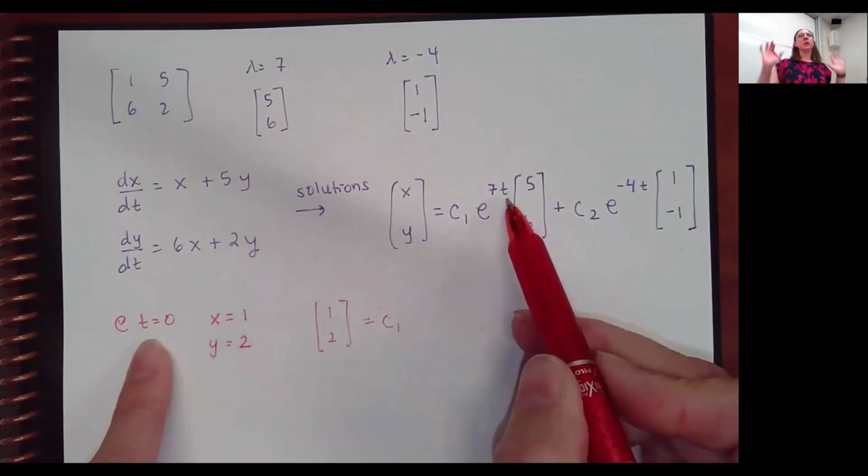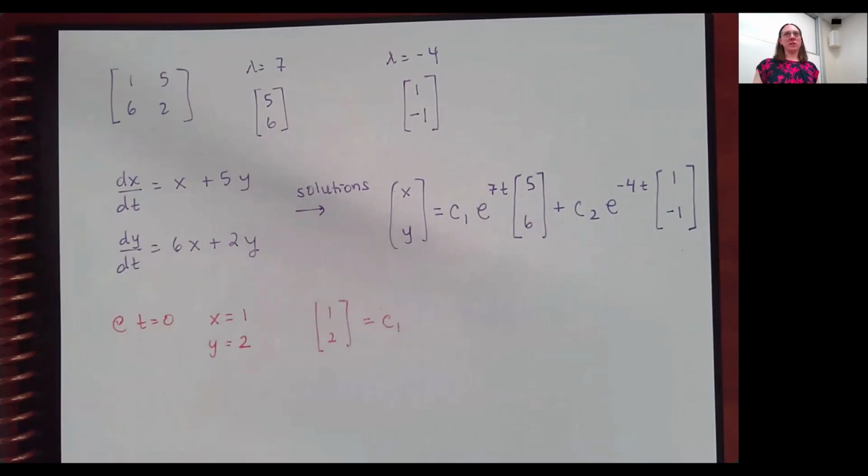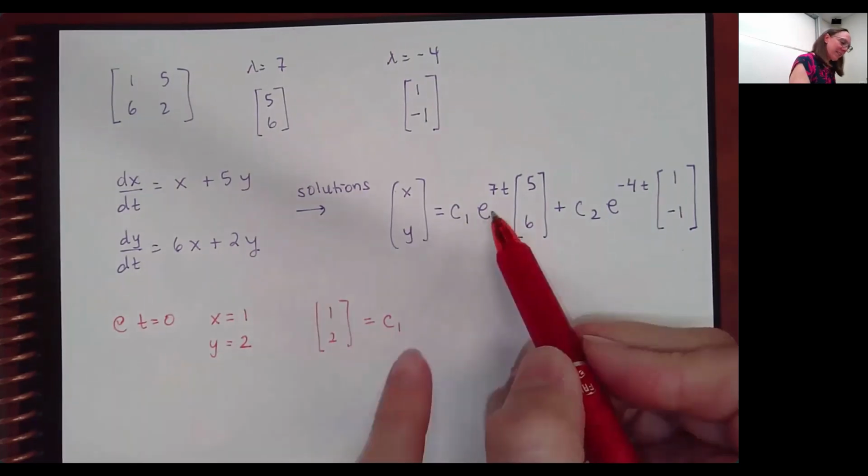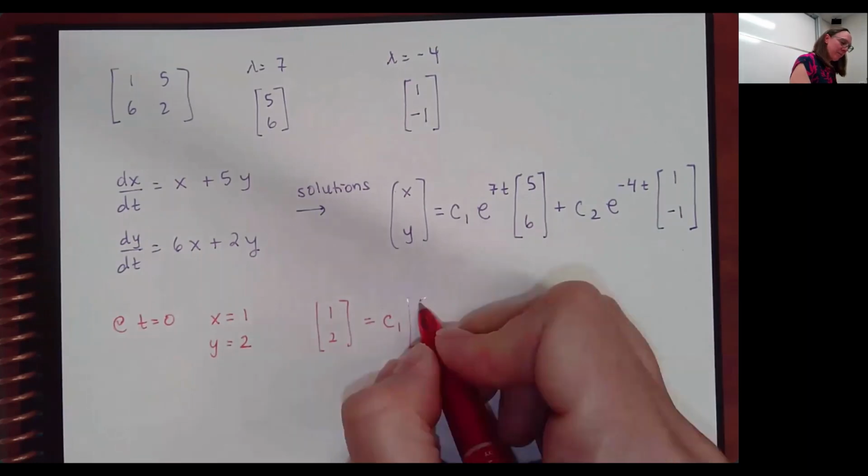I am telling you that you're only going to do this at t equals 0. Now, in your lab, you might do this for other values of t, but if you have to do it by hand, you're only going to have t equals 0, because e to the 0 is 1, which makes this convenient.